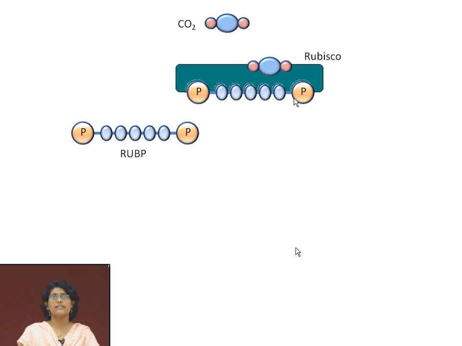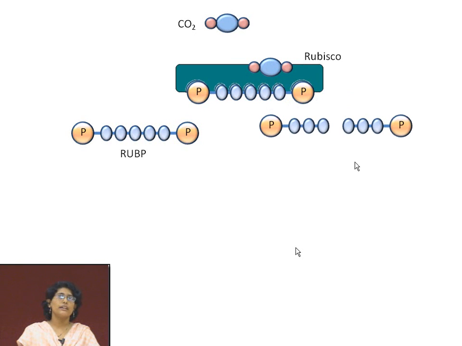The RuBP binds with the Rubisco, the carbon dioxide binds with the Rubisco, the reaction takes place and the product is formed, which is called 3-PGA or 3-phosphoglyceric acid. 2 molecules of 3-phosphoglyceric acid are produced during the reaction of 1 RuBP and 1 carbon dioxide in the presence of 1 Rubisco molecule.